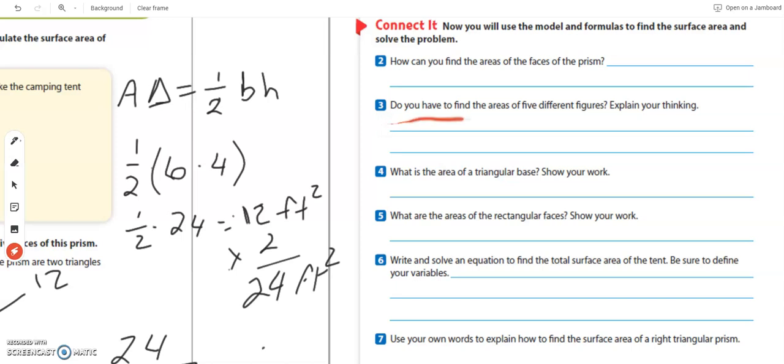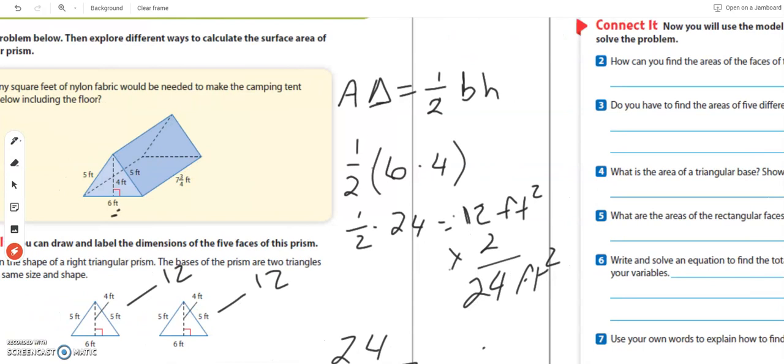Now, do you have to find the area of 5 different figures? Well, not really, because we know that the two bases are the same. And in this case, this is an isosceles triangle because these two 5 feet are the same length, and all the rectangle edges are 7 3/4.